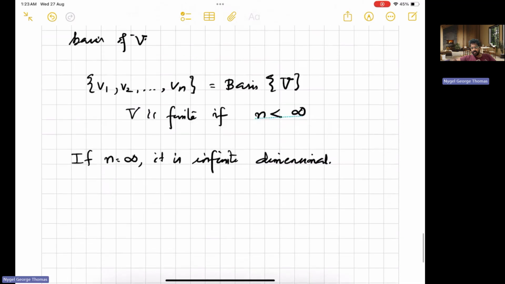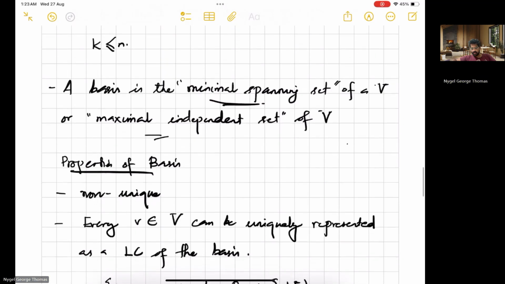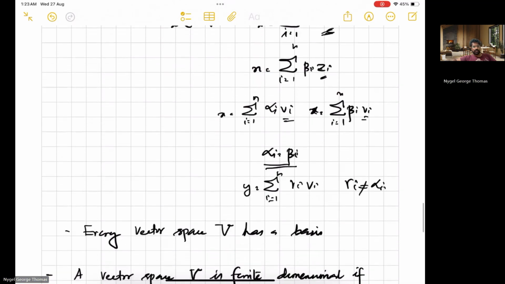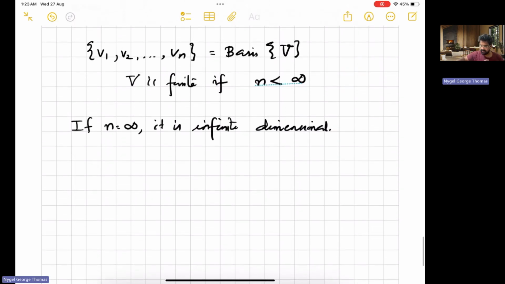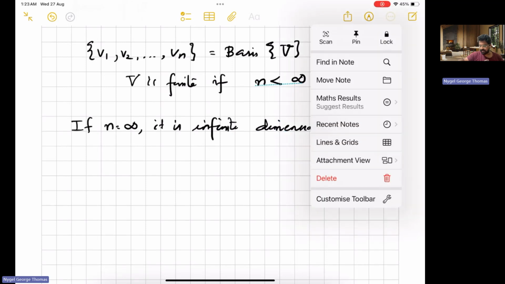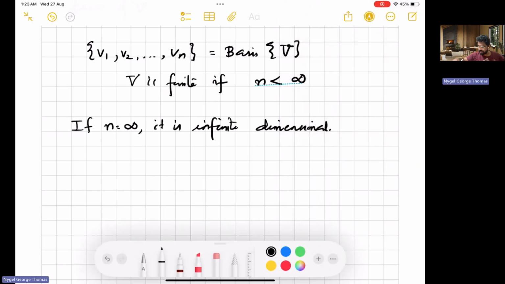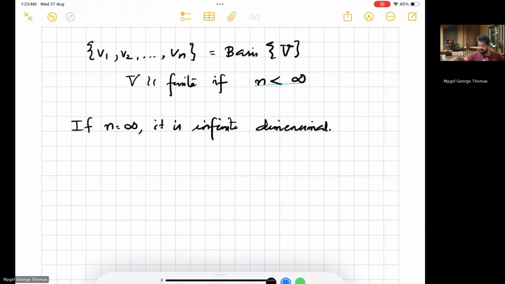We have seen span, we have seen basis. Now the concept which we have to see is what is known as the dimension of a vector space. We have seen the span of a vector space, we have seen the basis of a vector space. Now we have to look into the dimension of a vector space.